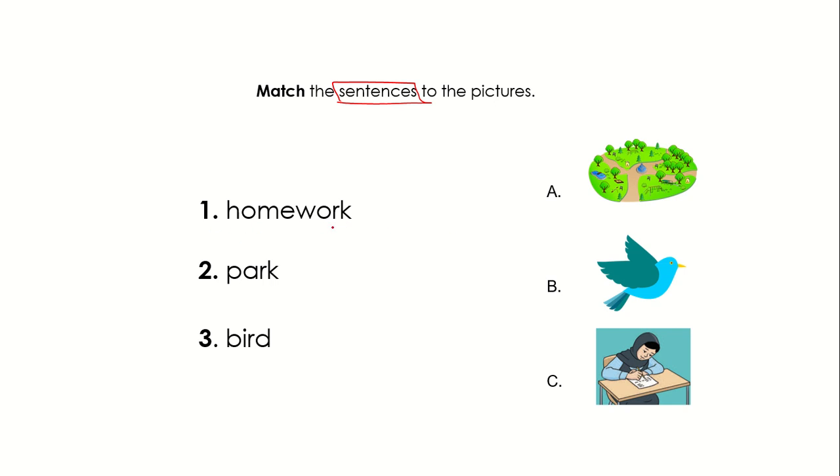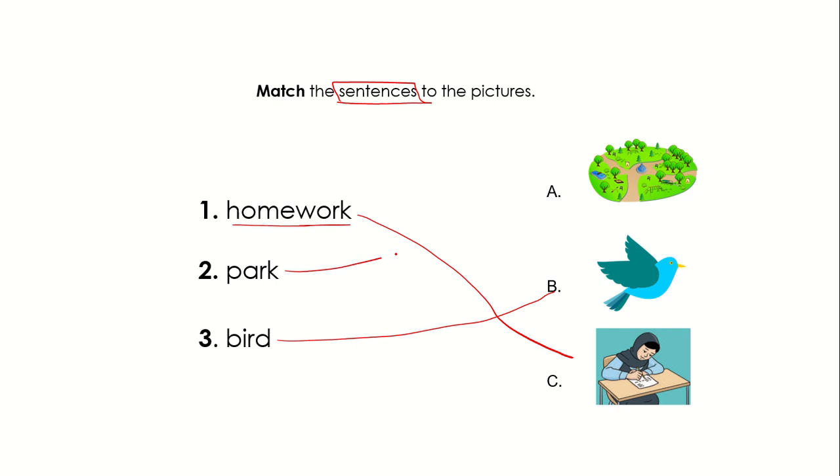So in the sentence, when you read it, you need to look for keywords like the word homework. If we look at our pictures, we can see that this girl over here is doing some homework. The next word is the word park. If you don't know it, we move on to the next word. We say bird. I know it is a bird.